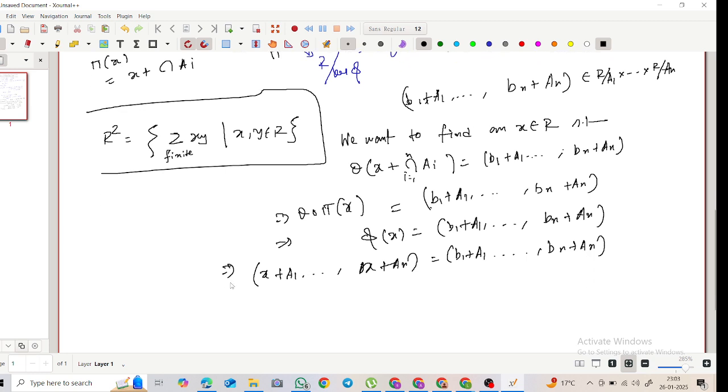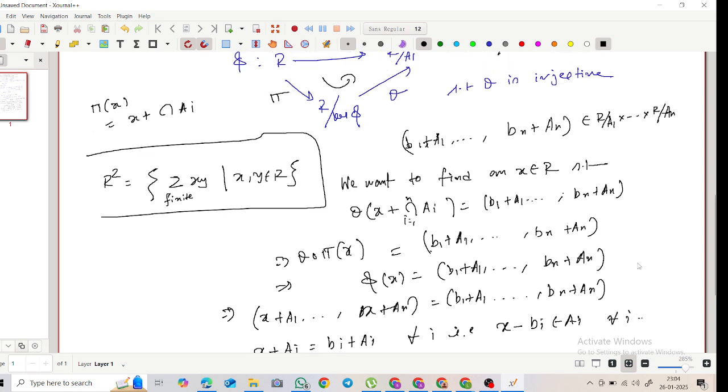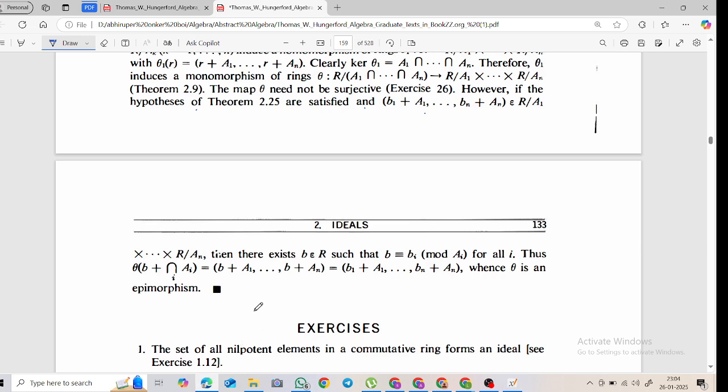So we are sort of back calculating. You want x plus ai to be bi plus ai for all i, right? That is, you want x such that x minus bi belongs to ai for all i, right? But look at this.